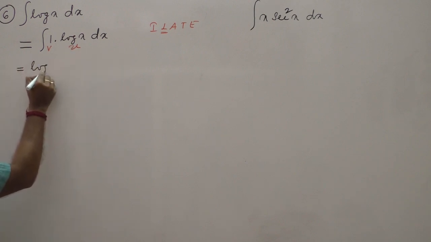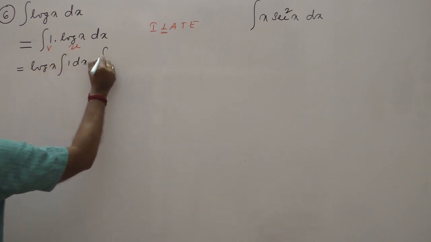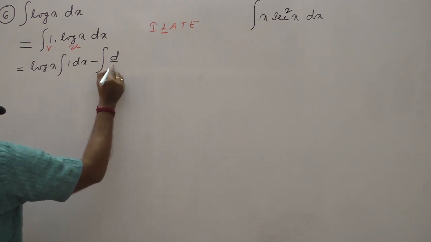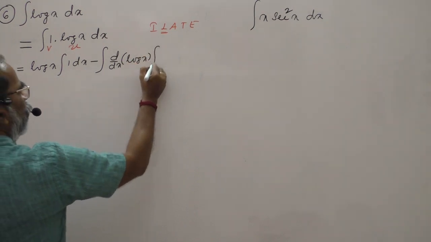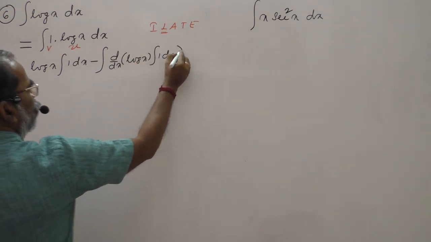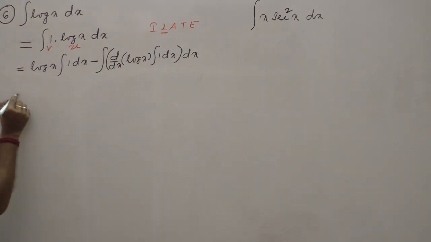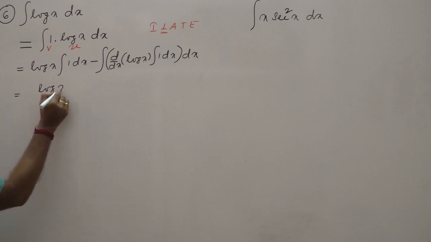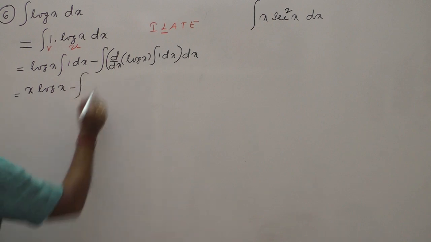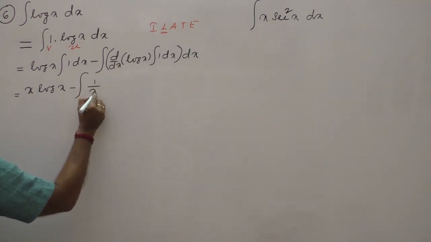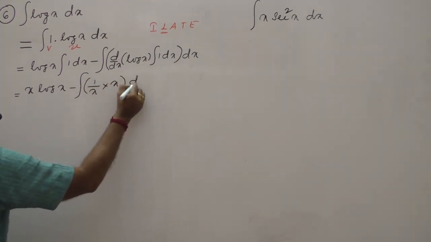I will use integration by parts. First u into integral v dx minus integral of d by dx of u, u means log x, into integral v dx. First you should learn the formula perfectly. So this is equal to log x into integral 1 dx, which is x. Next, integral of d by dx of log x, which is 1 by x, into integral 1 dx, which is x, dx is there.